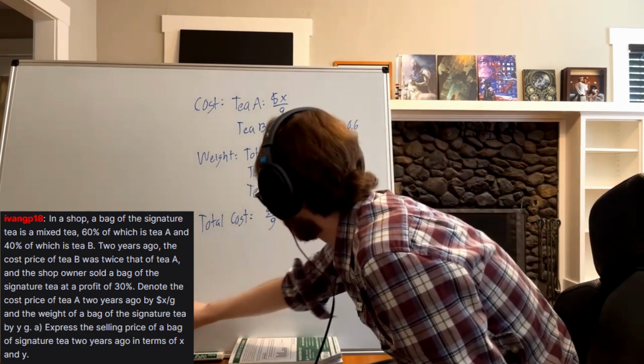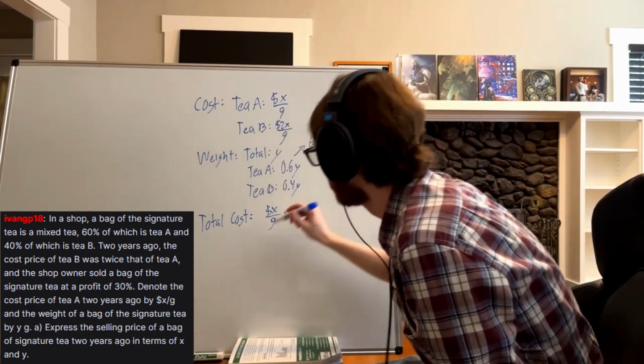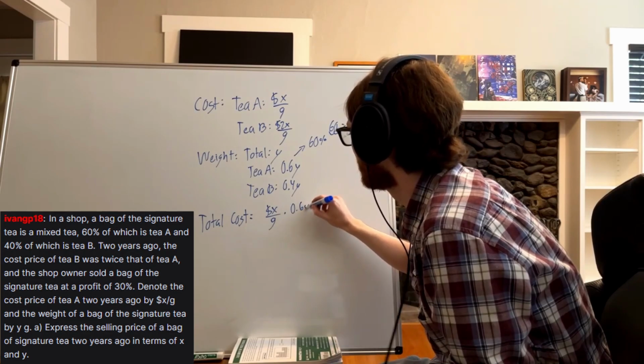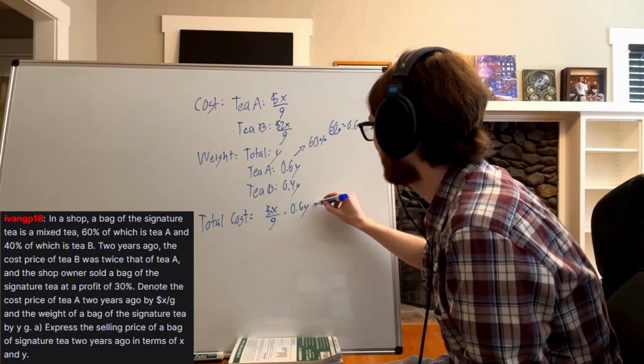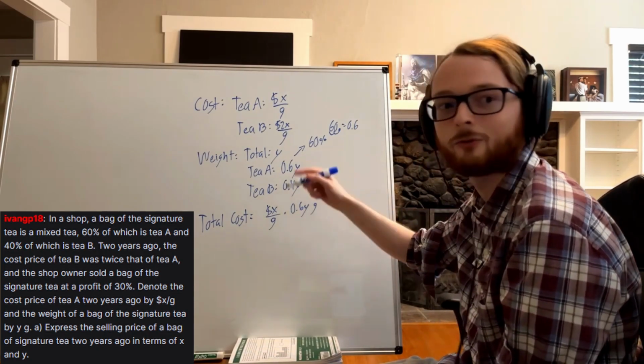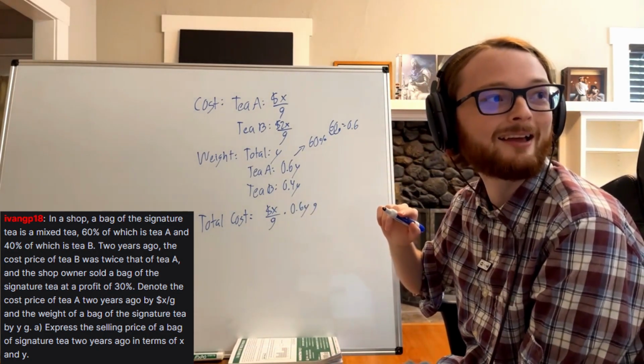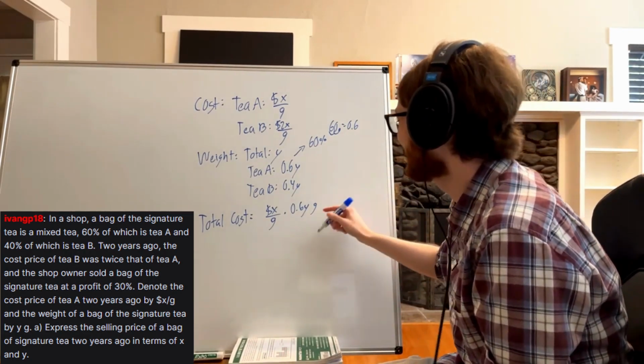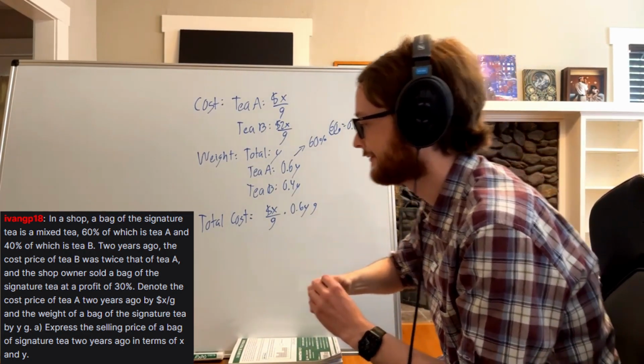Oops, that's not a zero at all. 0.6Y, it's going to get a bit messy with the Y and a G, but 0.6Y, and it's implied that's in grams. At least I hope that's in grams. So this is, let me get my red pen.